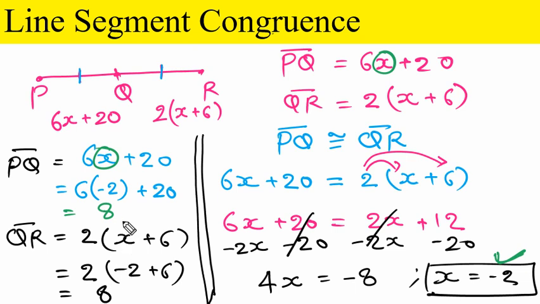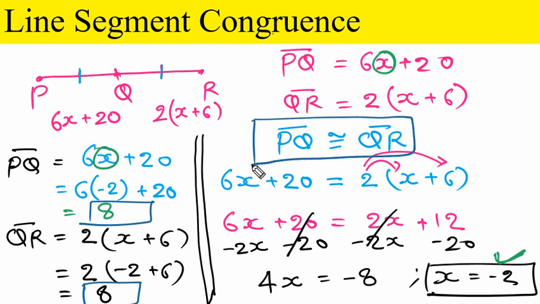So that's how you can find the distance. And we have also seen that they are congruent. So what does it mean? If this is 8, this will also be 8. So if you find one distance, you don't have to find the other one if it is given that these two are congruent. So this is 8 and this is also 8.